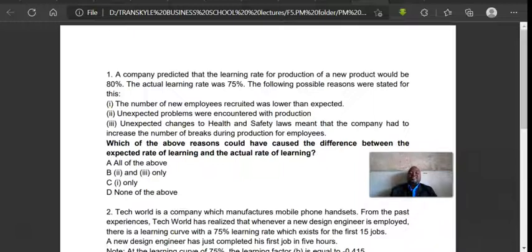Number 1, the number of new employees recruited was lower than expected. If we have few employees recruited, it simply means that we are likely to be more efficient because we are using highly skilled, experienced personnel. Therefore, we are likely to be more efficient.